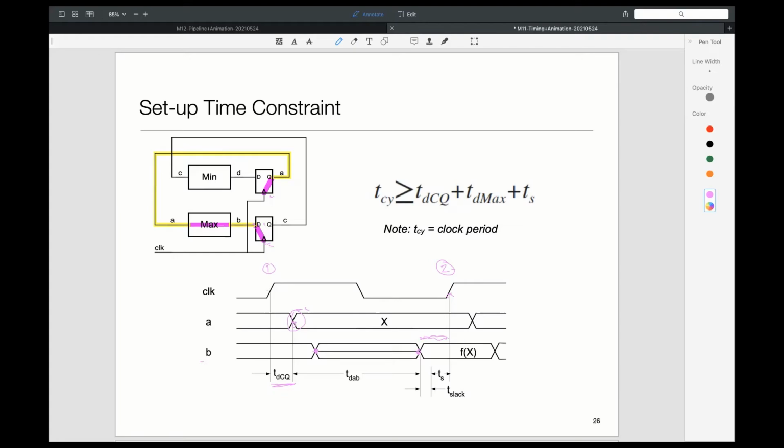From the first clock edge, A will become stable after TDCQ, guaranteed, right? That's what the flip-flop spec says. Then from this point to TDAB later, so from A to B, whatever is the propagation delay, that is when B will become stable.